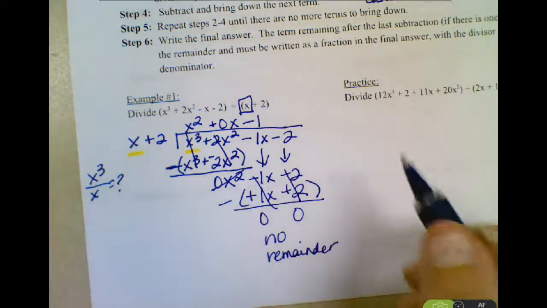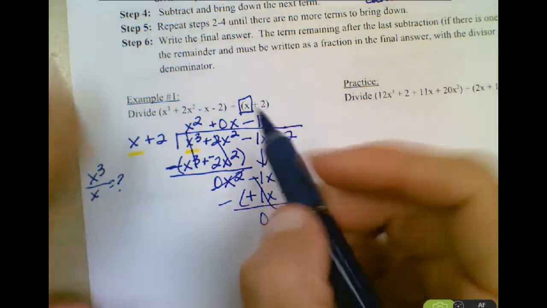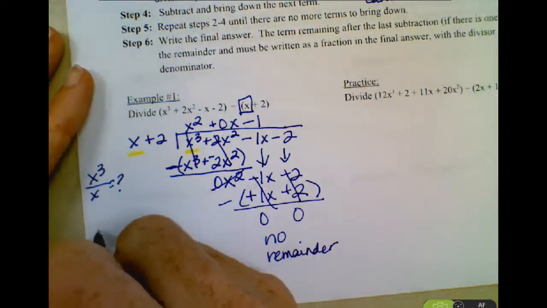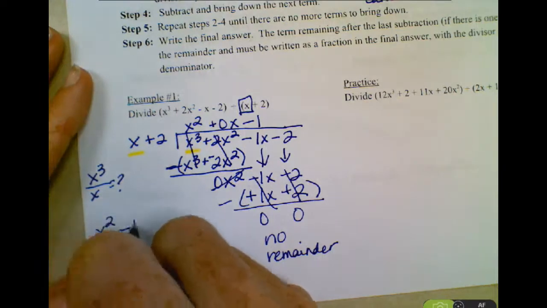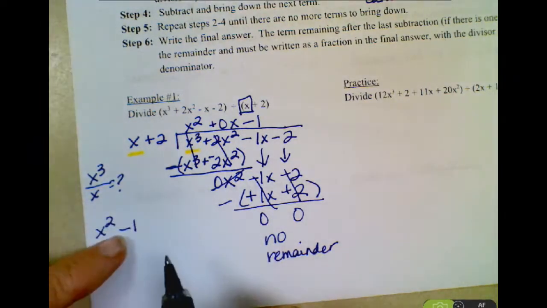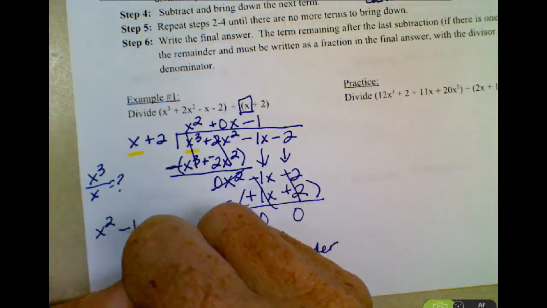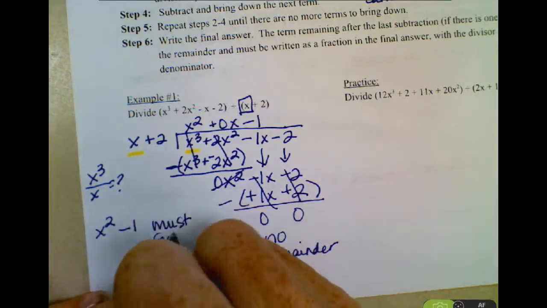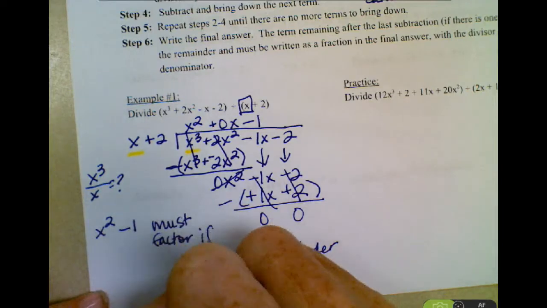If your resulting answer there is 0, then that means you have no remainder. So your answer is x squared minus 1. Now, if you get to this point, and this is still factorable, you must factor that out. Must factor if possible.